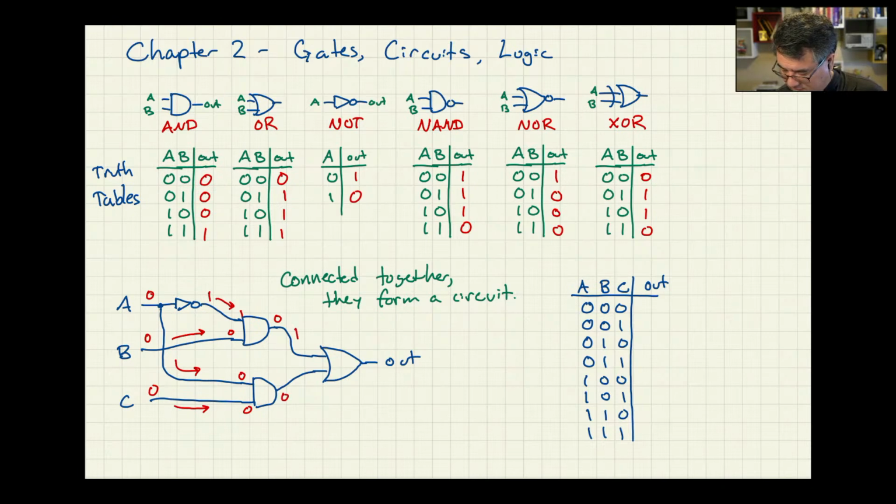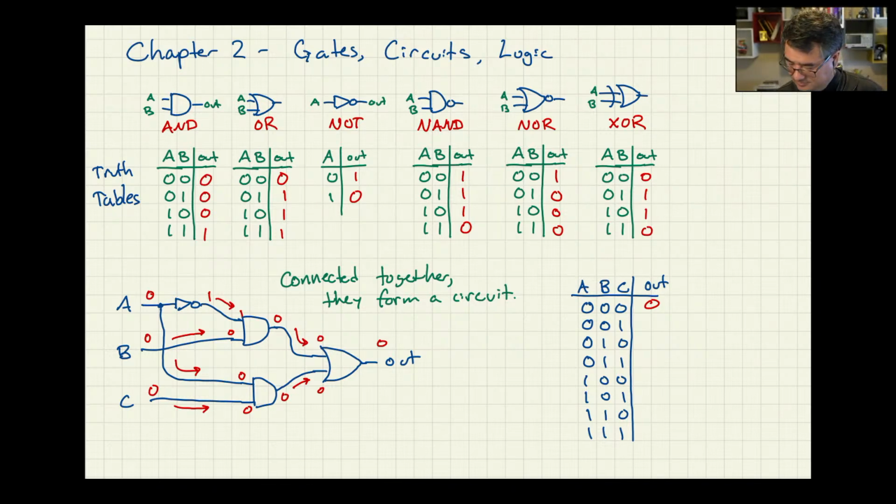And then those flow their way towards the OR. And then we go into the OR with 2 zeros. And so the output is a 0. And now we can write 0 for that first row of the table.